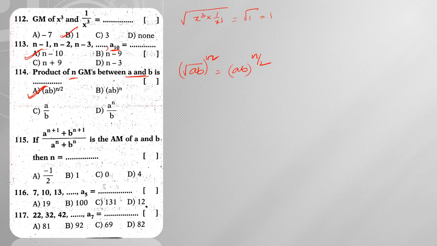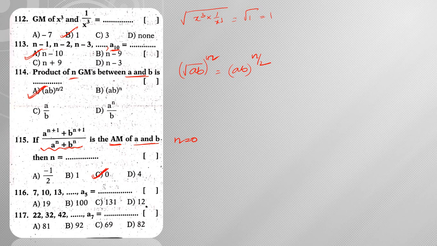Next, (a power n plus 1 plus b power n plus 1) by (a power n plus b power n). This bit is very, very important. If this particular expression is to represent AM of a and b, then n should be equal to 0. The same way we have two more.